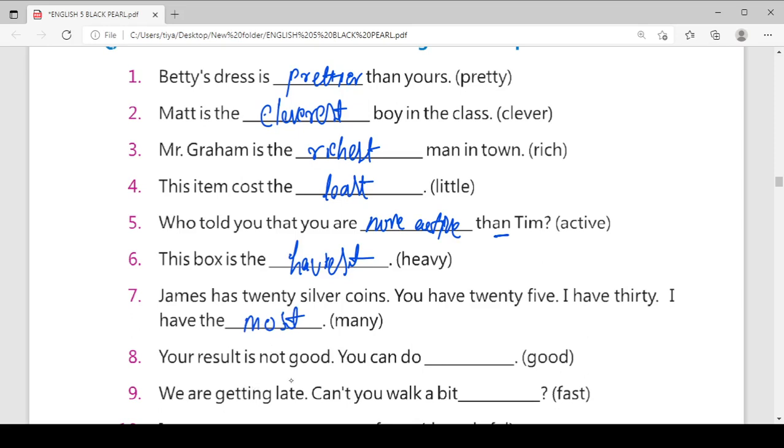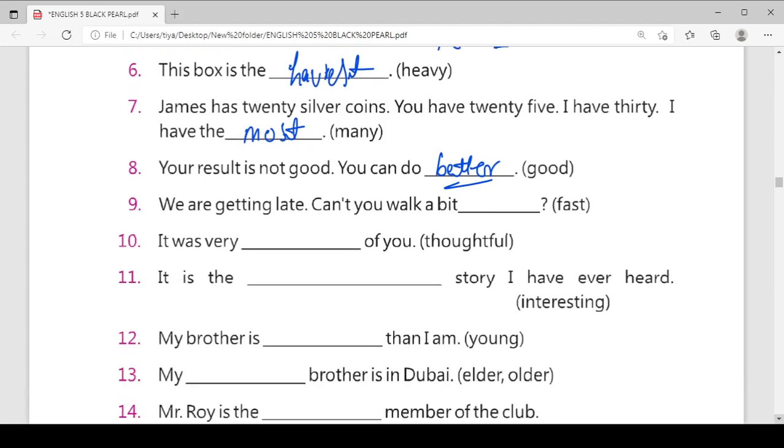Or your result is not good. You can do better. Your result is not good. You can do better. Or we are getting late. Can't you walk a bit fast? Or we can say a bit faster. Just fill in a bit fast.